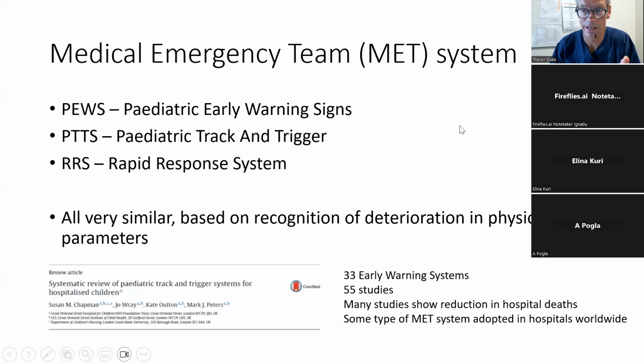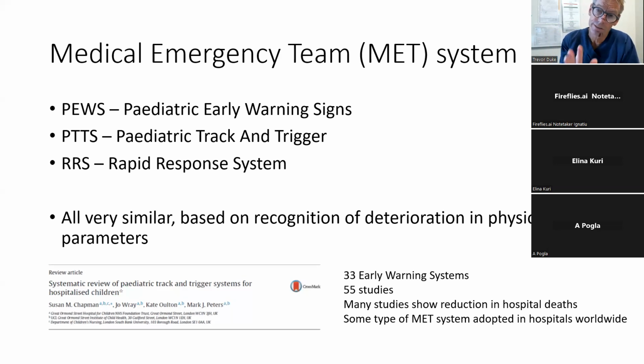There's lots of data now showing that these medical emergency teams, sometimes called rapid response systems, it doesn't matter what you call it, it's the same thing, identify a child who's deteriorating, have a system of escalation, and have a good response from a small team of people.